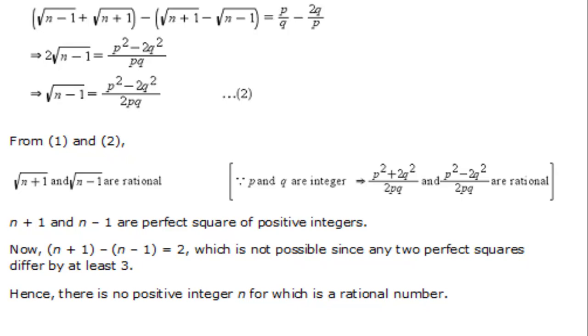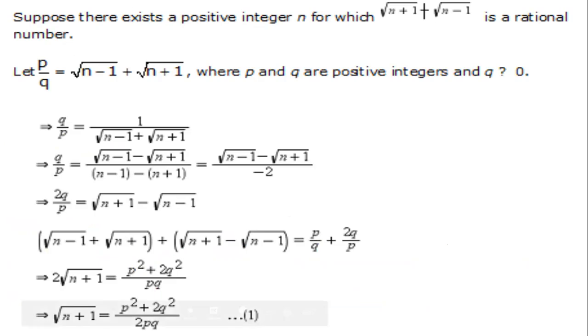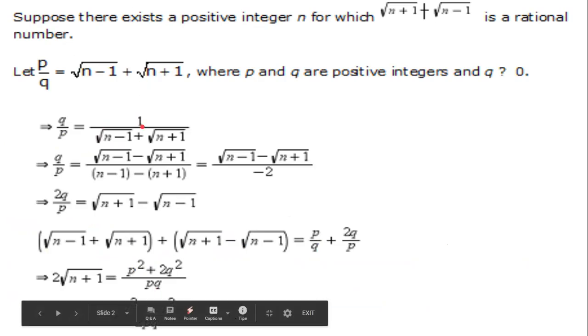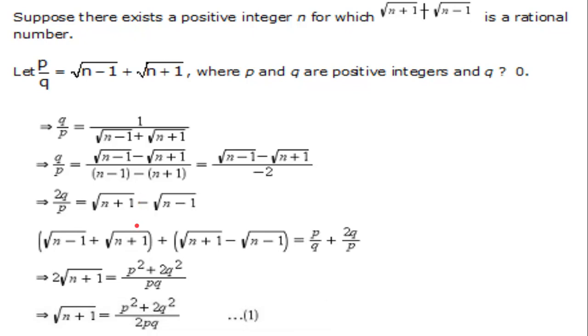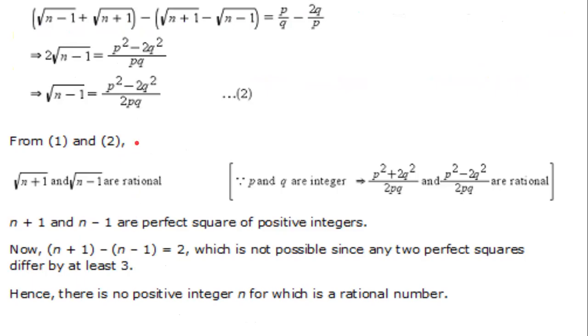After that, what you will do, you will subtract equation A and B. Again I am telling you, A and B you have already marked there, this one is your A and this is your B, and in the first part you add these two and in the second part you will subtract the above equations A and B. When you do the subtraction of these two equations, you can easily see this n plus 1 will cancel out, this one is positive, this one is negative, and this will become 2 times square root of n minus 1.